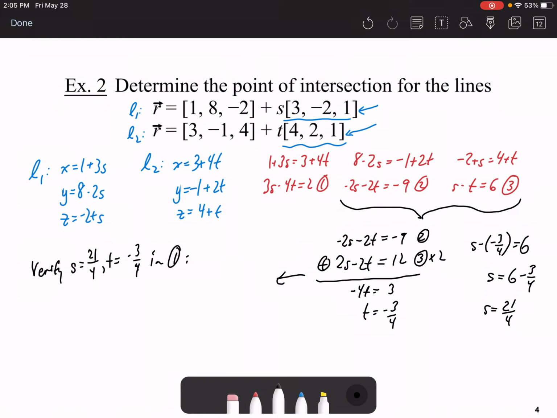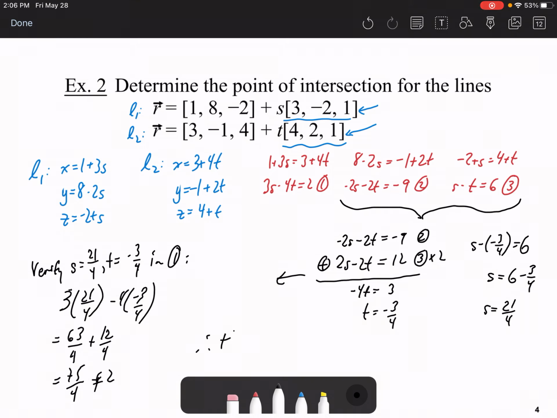So I'm going to first verify. So 3 times 21/4 minus 4 times -3/4. Considering I don't know what this equals, I know it may equal 2, it may not equal 2. I don't know yet. I'm going to figure that out. So don't set it equal to 2. So this equals 75/4, which does not equal 2.